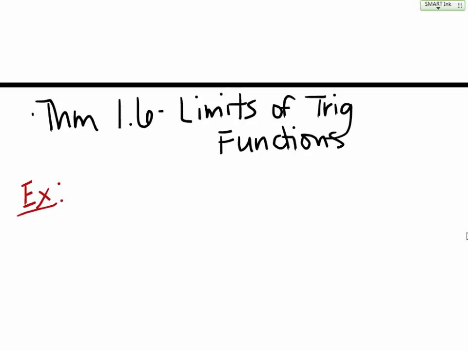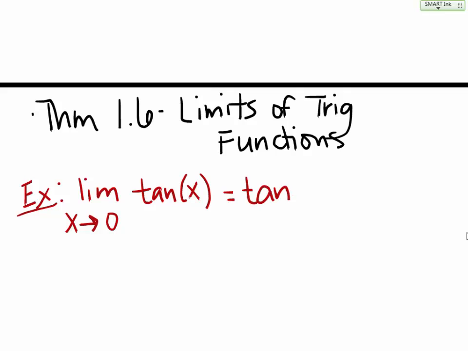Let's take a look at the limit as x approaches 0 of the tangent function, tangent of x. We can use direct substitution and evaluate this at 0, and tangent of 0 is 0. So the limit as x approaches 0 of tangent of x equals 0.